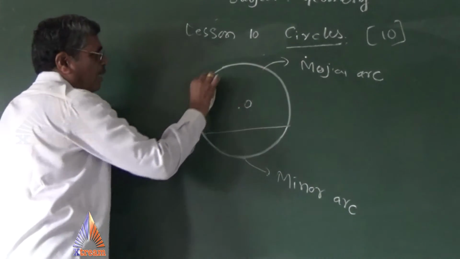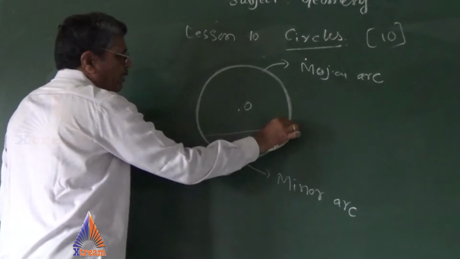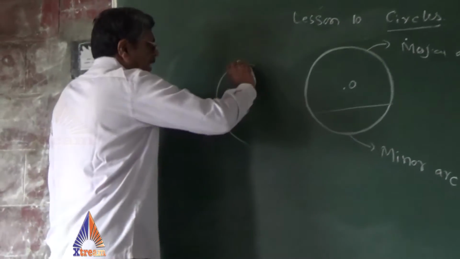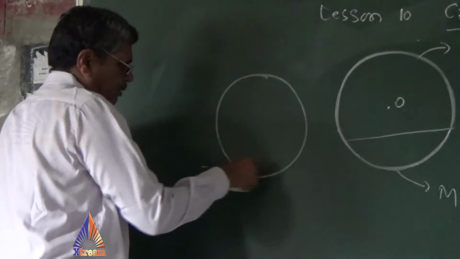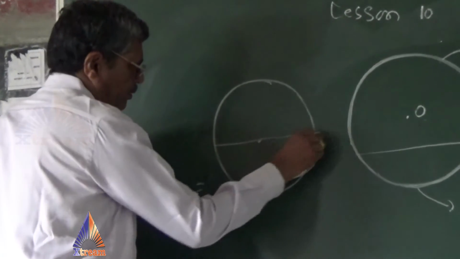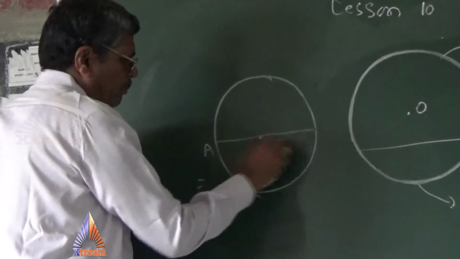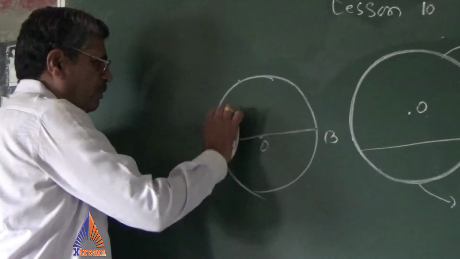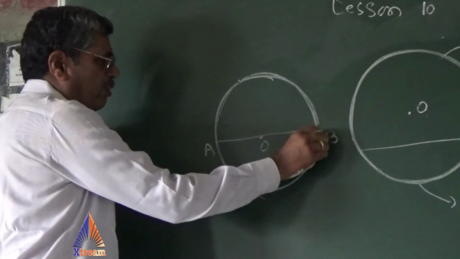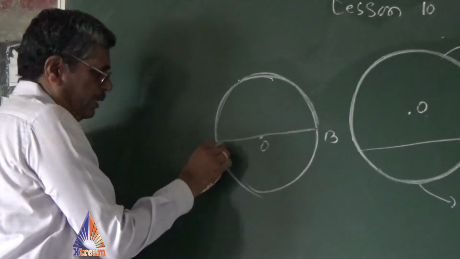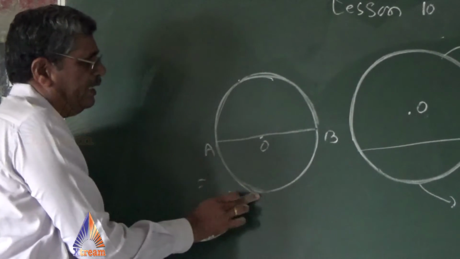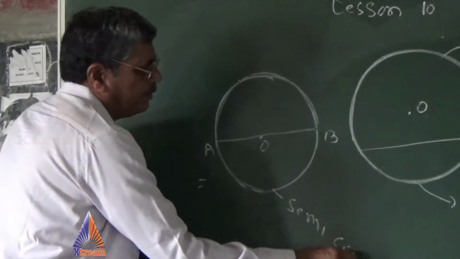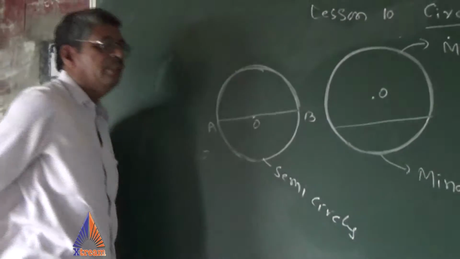Then next, if the chord is a diameter, AOB, then the circle is divided into equal portions. These are called semicircles.